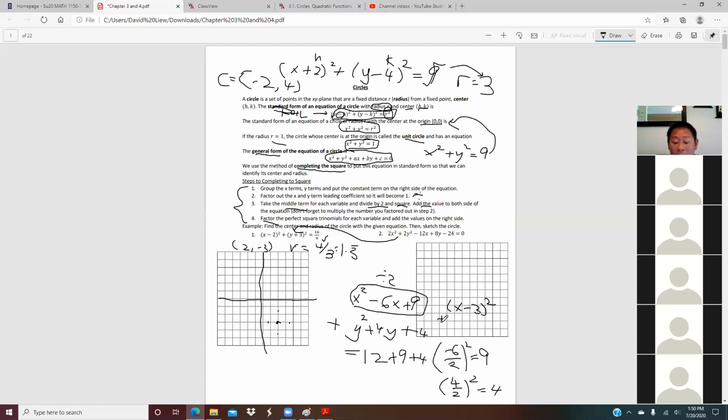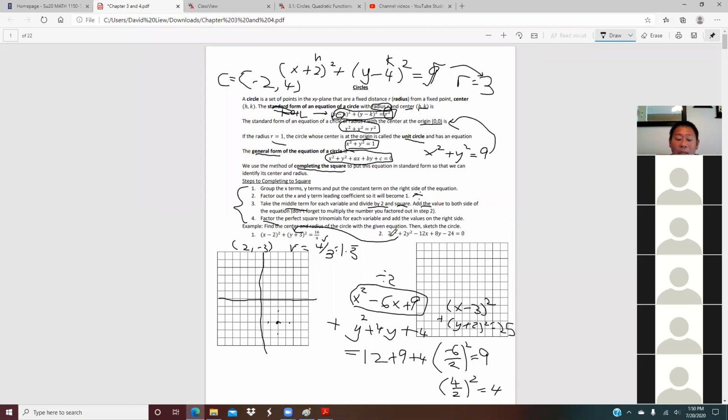And then for the y term it is y plus 2 squared. And how do I get positive 2? I take the middle term and divide it by 2. Positive 4 divided by 2 is 2. And then you add all this up. 12 plus 9 plus 4, which is 25.